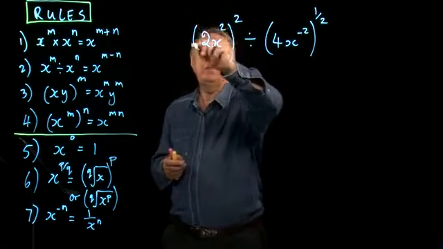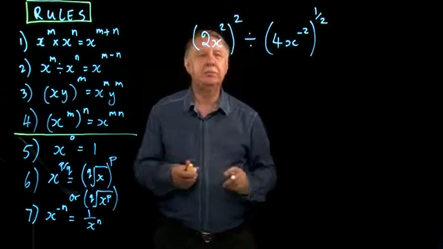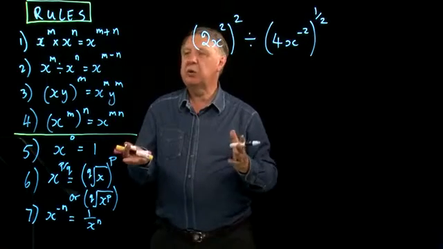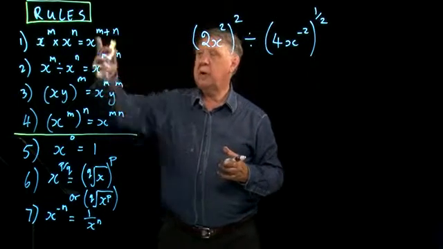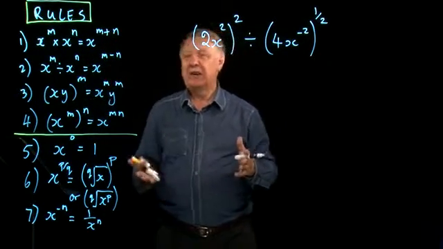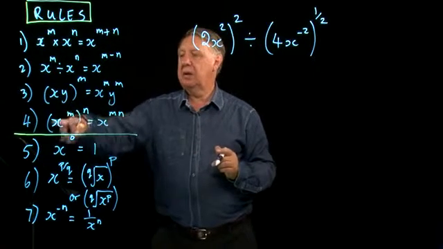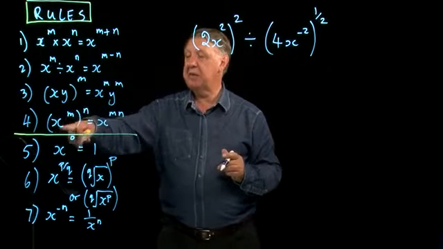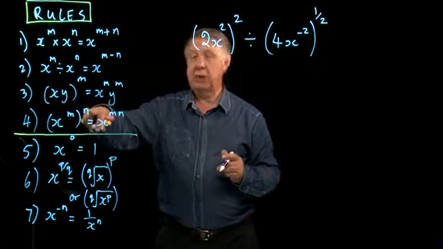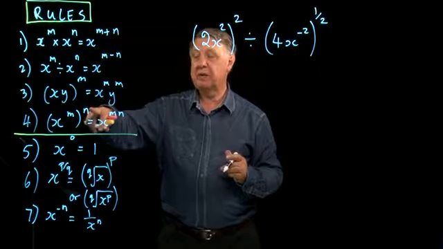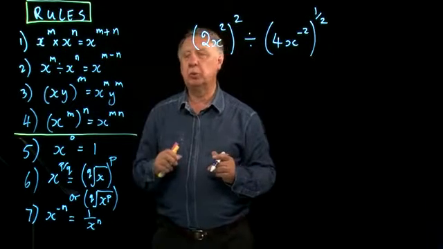So here we have a bracket squared. So again, if we're looking for rules, which rule down here would be appropriate? Well, if we look at this one here, we have a bracket to a power. So this, in a way, is the appropriate rule.